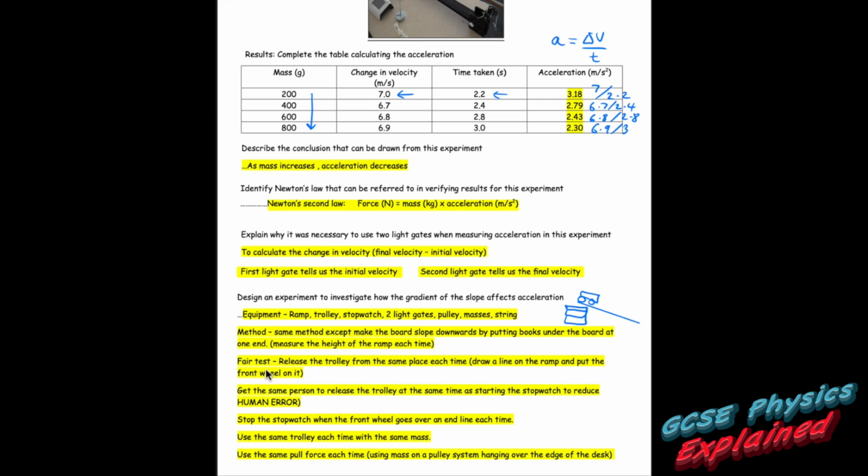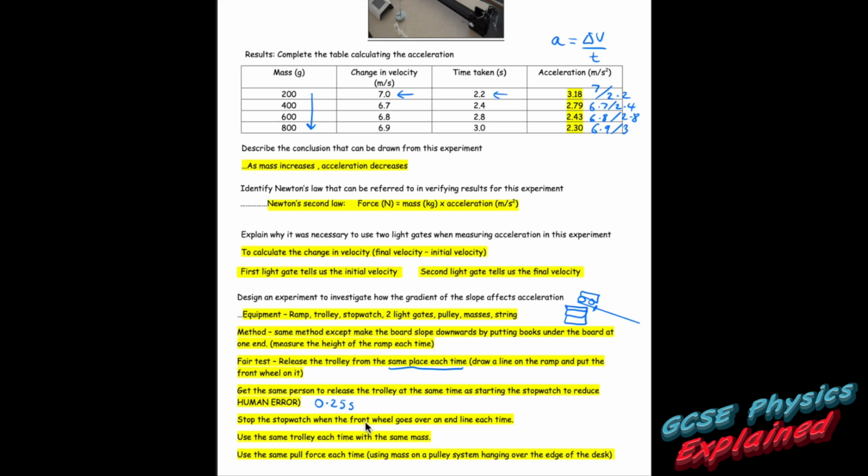Make sure you mention a fair test, so release the trolley from the same place each time. Perhaps draw a line on the ramp and put the front wheel on the line each time. Get the same person to release the trolley at the same time as starting the stopwatch to reduce human error. So remember, human error is about 0.25 seconds.